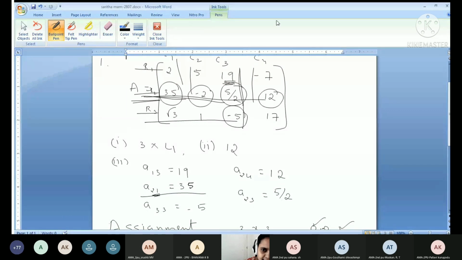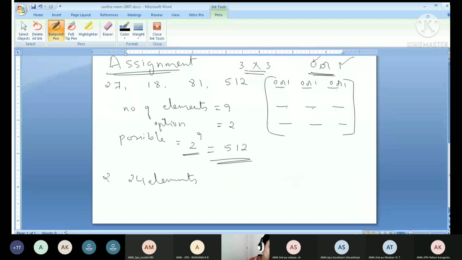Next, I am talking about second question. What is second question? If a matrix has 24 elements, what are possible orders? They are asking you to write possible orders. What if it has 13 elements?